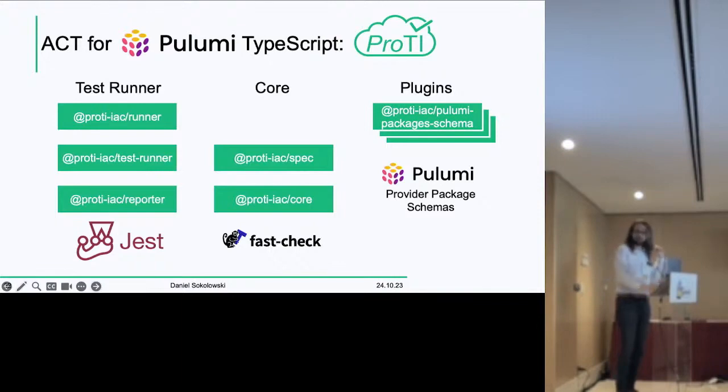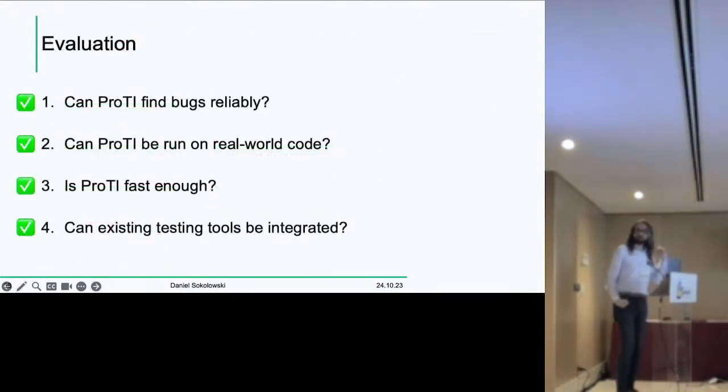We evaluated ProTI so far for various questions. Very briefly, we evaluated it on various variations of the example program that I showed you, and through that we could find that ProTI can find bugs reliably, even in cases where the bug sometimes shows up, sometimes doesn't.